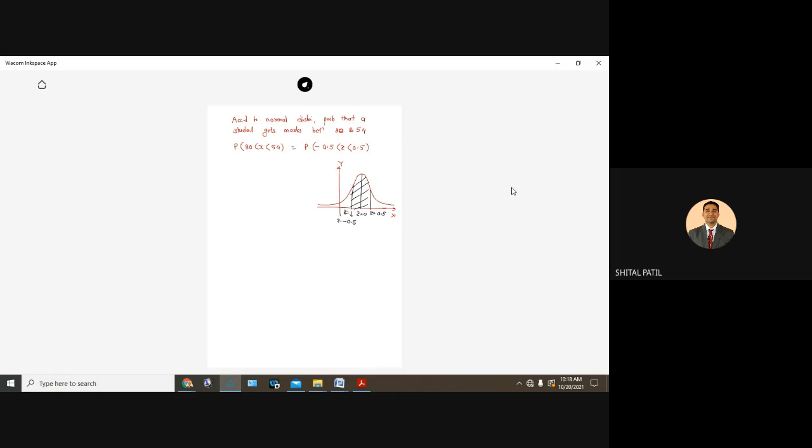We can do it this way: probability from minus 0.5 to 0 and then 0 to 0.5. By symmetry we can change this, and these values are given in the example.